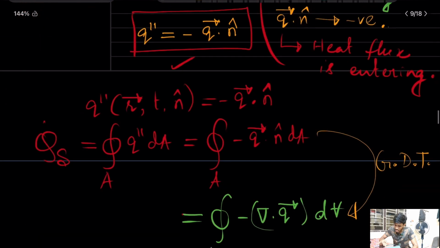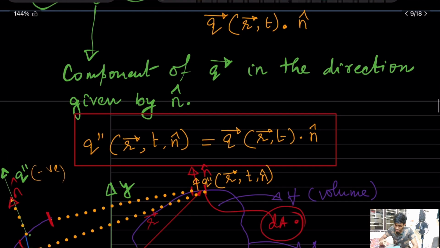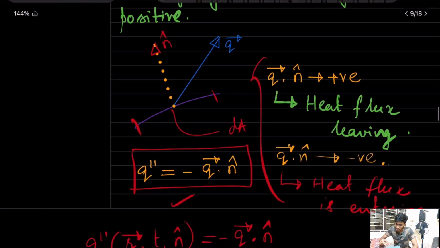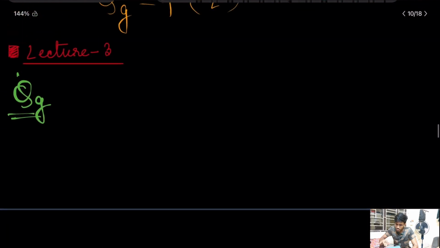This is lecture 3, and we will start with Q dot G. Again, we need a 3D volumetric control volume.